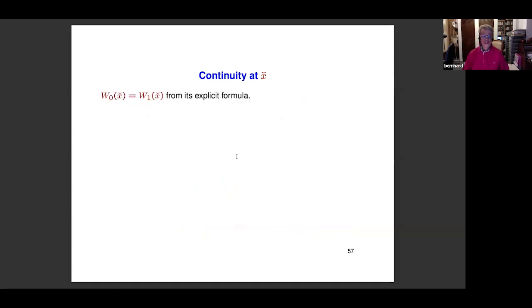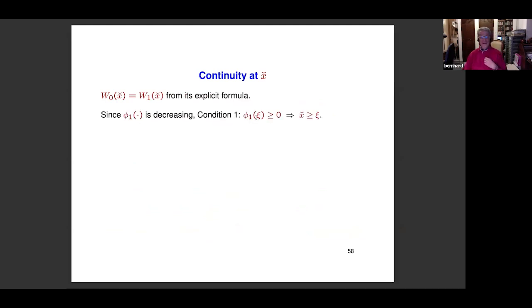Continuity at exchange. I insisted, when I showed the function W0, on the fact that at exchange it coincides with W1. Therefore, this is fine. Now, how did I construct this function W? Well, that's simple enough.